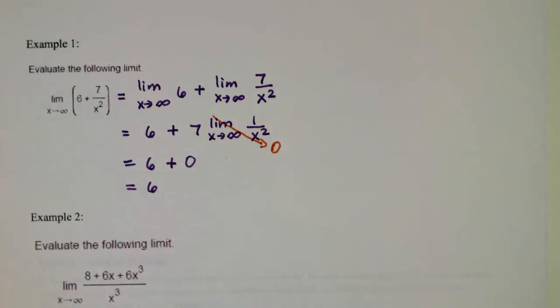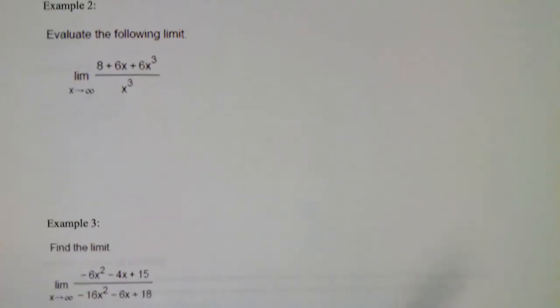All right, here's another example. Let's say we want to evaluate the following limit: the limit as x approaches infinity of 8 plus 6x plus 6x cubed divided by x cubed. Okay, we want to find the limit of that.